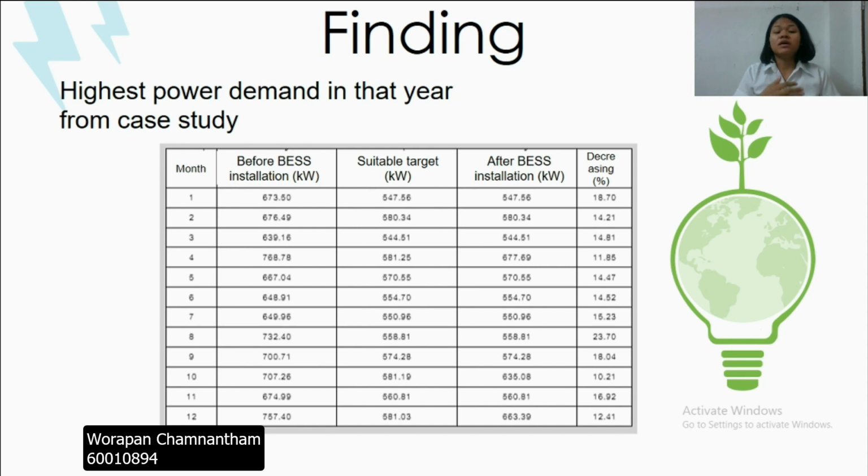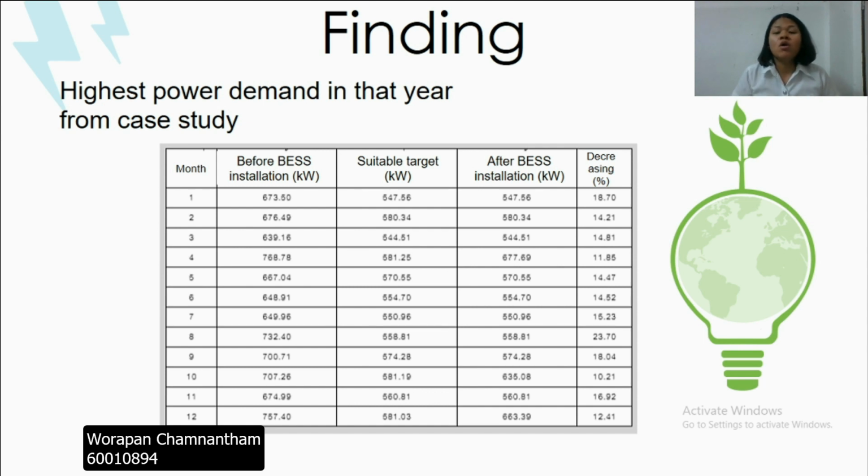As for the operation of the energy storage system, the battery will charge during low power demand period to reserve the energy for high power demand period to prevent the demand from exceeding the target in each month.